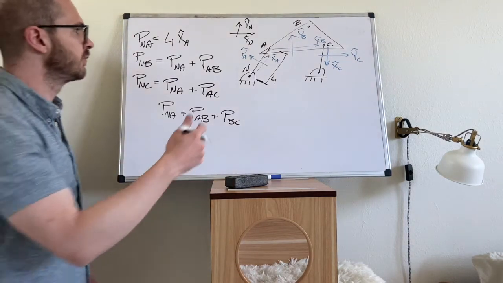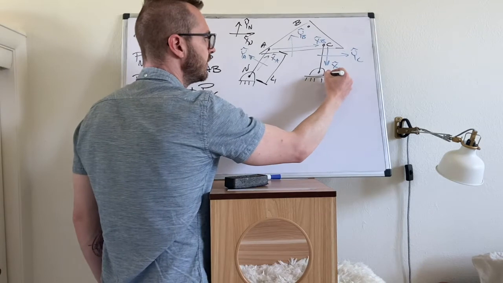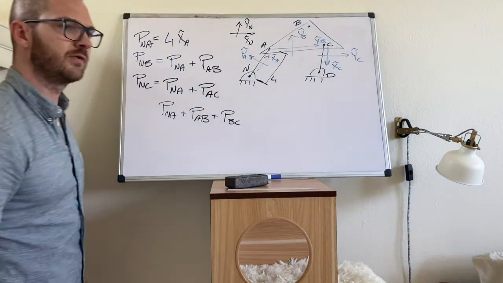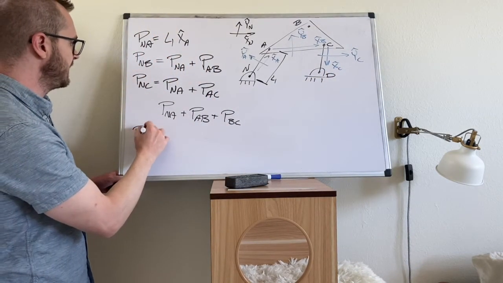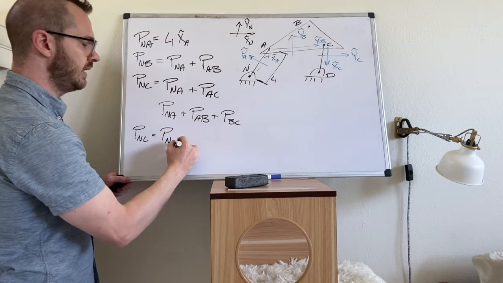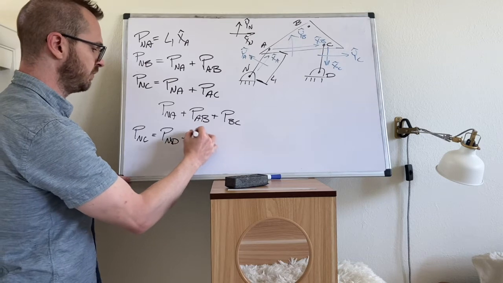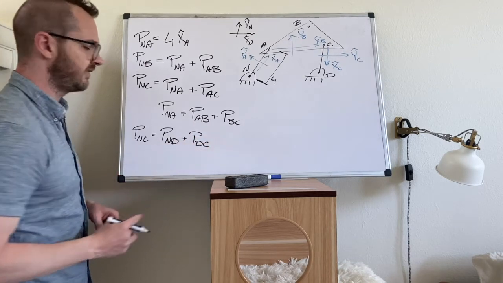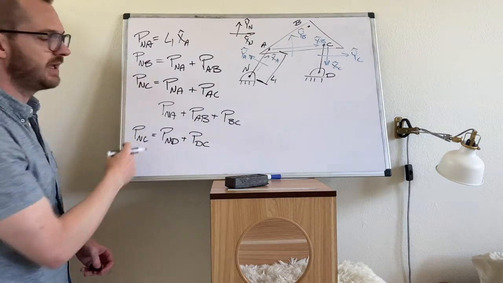What if we did this? What if we put another point here at the other pin joint? And what if I said P into C is equal to P into D plus P D to C? Any of these are valid.